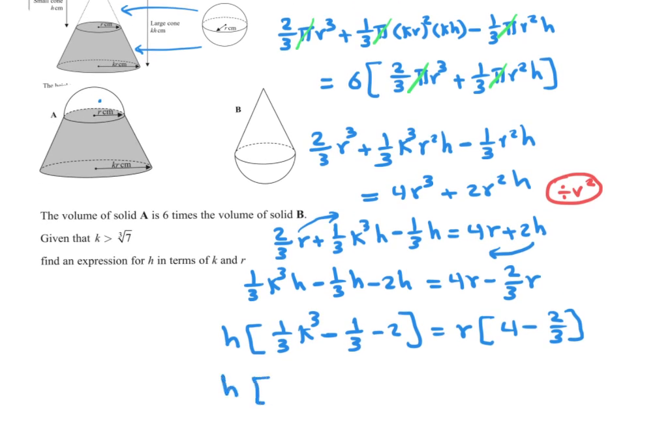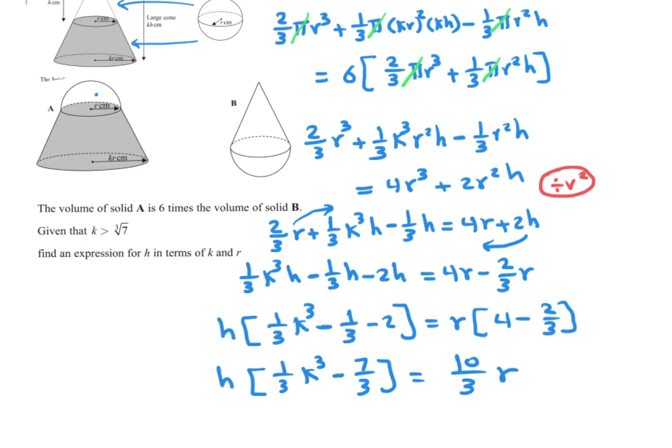So h into (1/3 k³ minus 1/3 minus 2) equals minus 7/3, and 4 minus 2/3 equals 10/3, so 10/3 r.